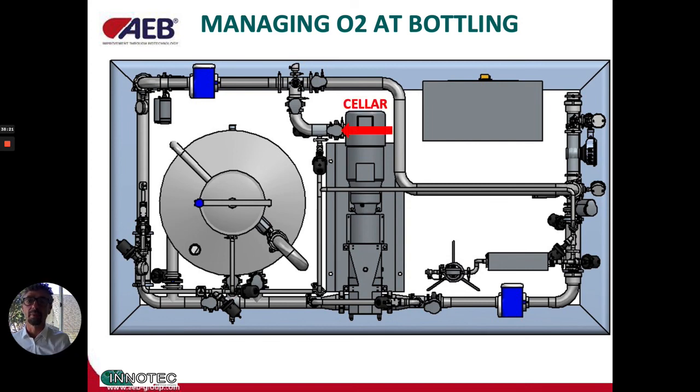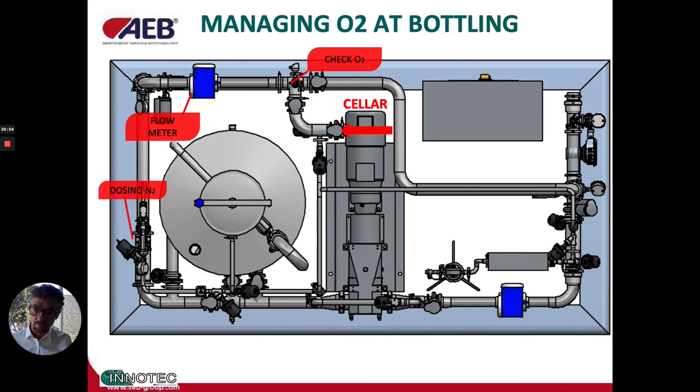And this is a piece of equipment that AEB can supply through one of its controlled companies called Innotech. It's a piece of equipment called Thiols, where there is a pump that collects the wine from the cellar. The oxygen is checked. There's a flow meter, just to know how much we need to adjust, because at this point we already set how much oxygen we want to go in the bottle. There's going to be nitrogen sparging to strip the oxygen in this tank, which is under pressure and under nitrogen.